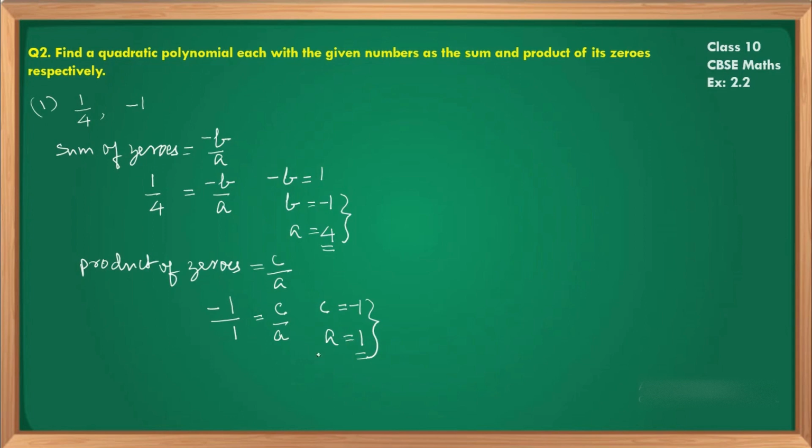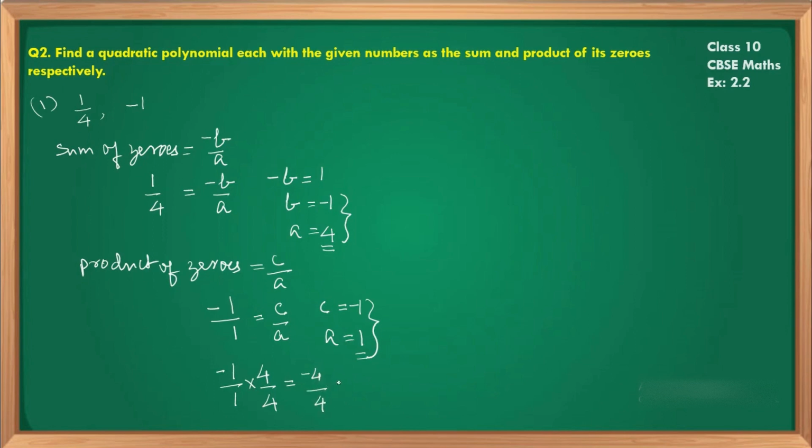Therefore, you have to equalize them. How do we do that? Here, minus 1 by 1, you can multiply by 4 so that you get the value of a as 4. Minus 1 by 1 into 4, both to the numerator and to the denominator, which will be minus 4 upon 4.